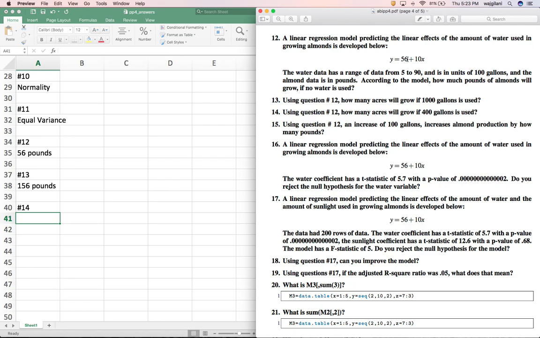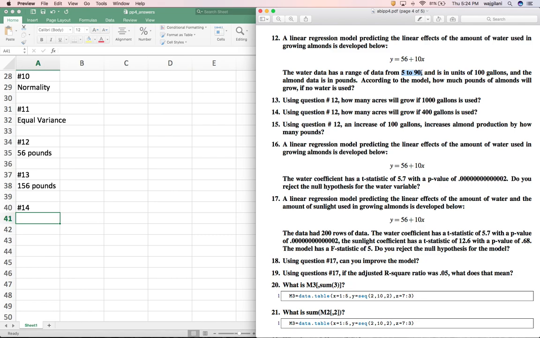And those that did that would be wrong. Why? When I say I want to plug 4 in here, can I plug 4 in for this model? I cannot. Because this model was made from the range 5 to 90.